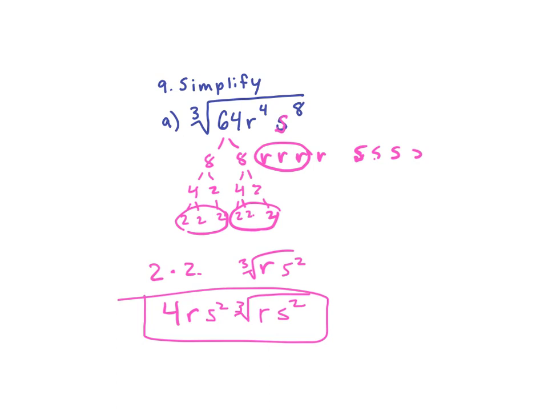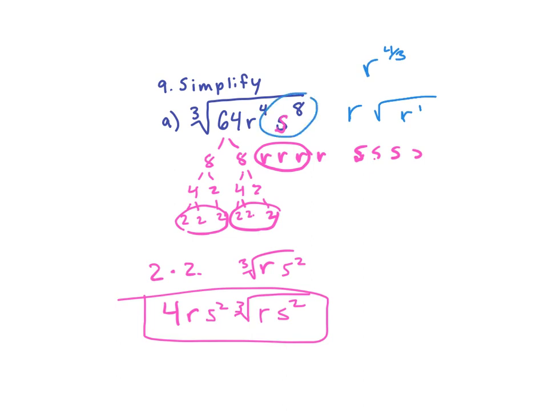Remember, another way we can do it is we can divide. So if we have r to the 4th power, if we divide by 3, it goes in once, so we would take out an r, and then whatever's left over stays on the inside, so we would have 1 left over.